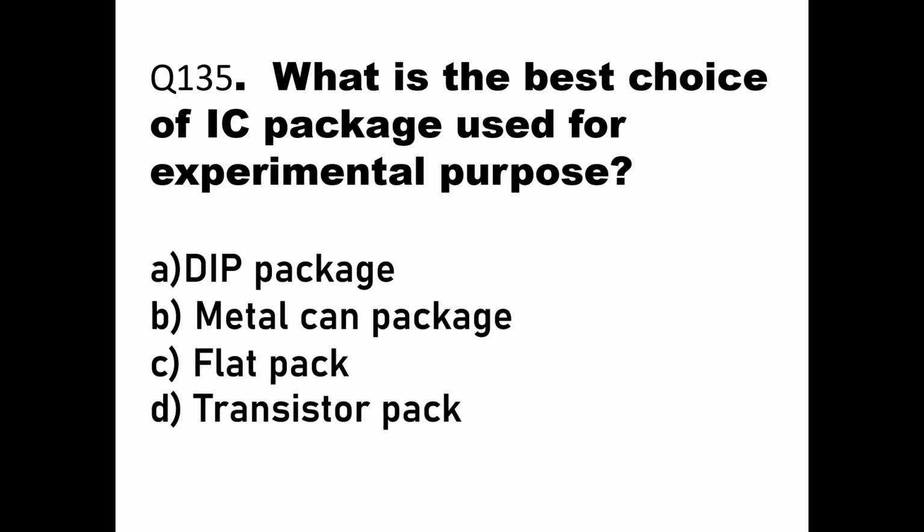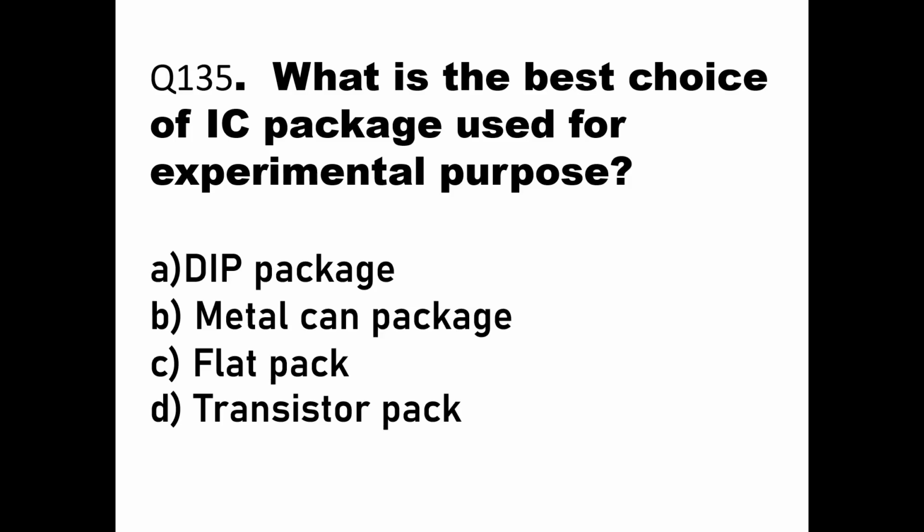What is the best choice of IC package used for experimental purpose? For experimental purpose, if you see the basic experiments in your basic digital labs also, if you're using gates like NOT gate, AND gate, NOR gate, OR gate, XOR gate, any gate you see, it has parallel types of pins. You can see 7 pins on one side, 7 pins on the other side.